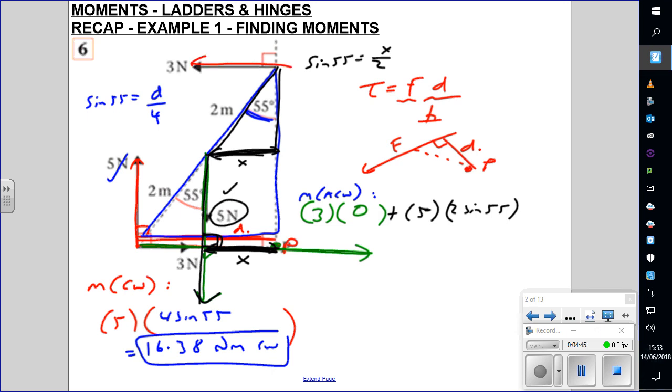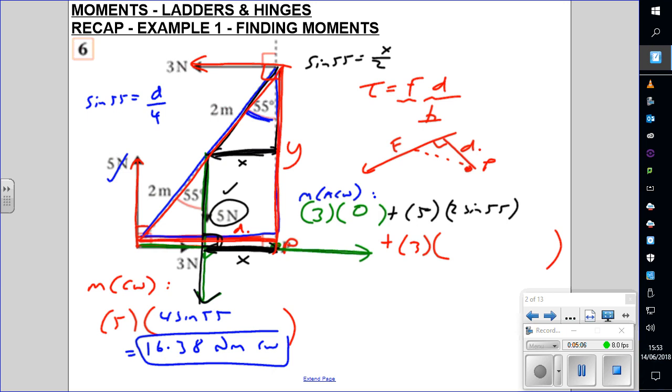So again, force, and then the perpendicular distance from the force to the pivot. So I need to know this big Y here. So I've got plus force, which is 3. And now what's this big Y distance? Well, again, I'm using the big triangle again.